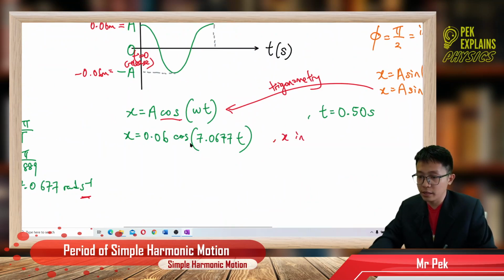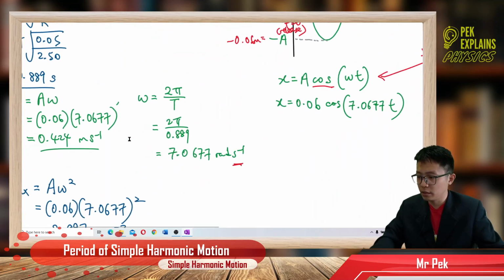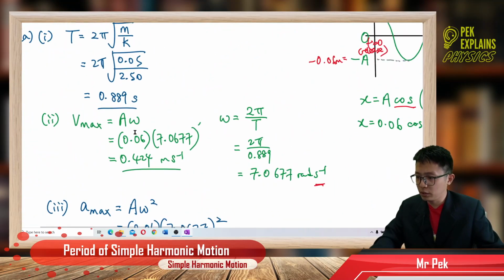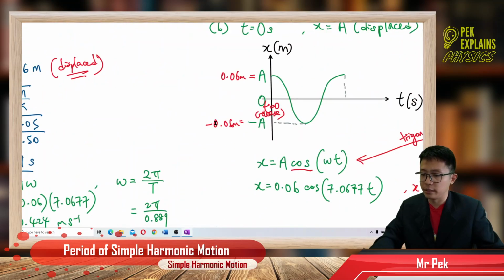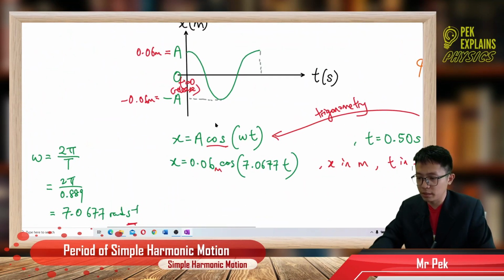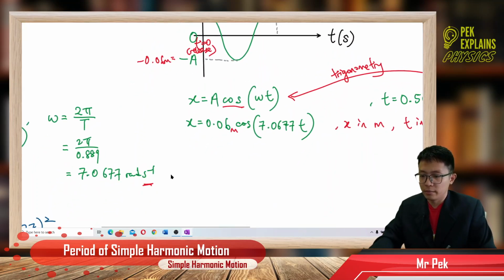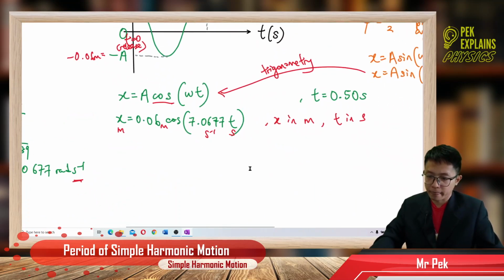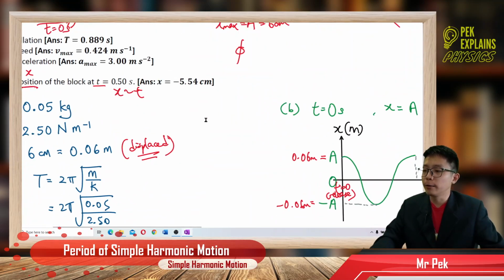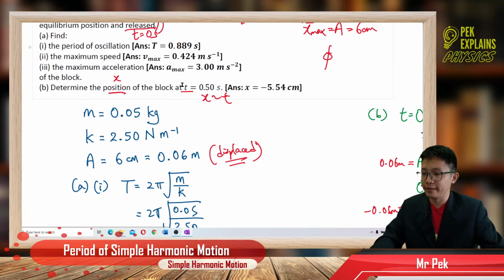X in meter, t in second. Because all this while our amplitude is in meter, so our omega is also per second. So that's why our x is meter, our t is also second. Okay. So make sure all in SI unit. Now, we want to find the position of the block at this time.